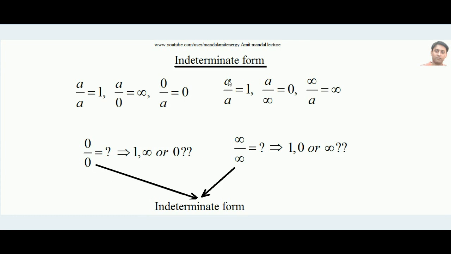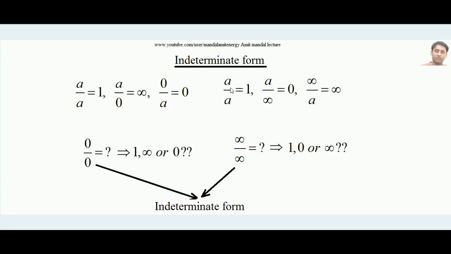Similarly, the same number divided by itself is 1, we know this. The same number divided by infinity, you will get 0, because infinity is a very big number. Any number divided by infinity, you will get 0. And in case infinity is divided by that number, you will get infinity, because for any fraction, if the numerator is infinity, then the answer is also infinity.